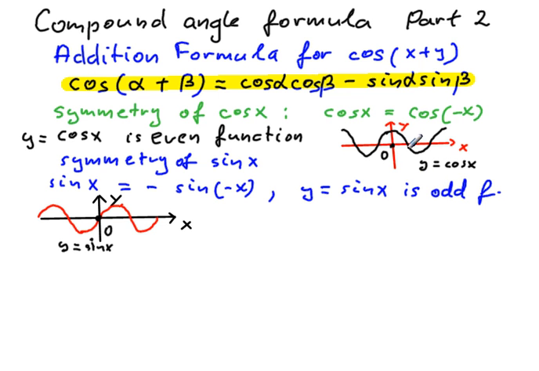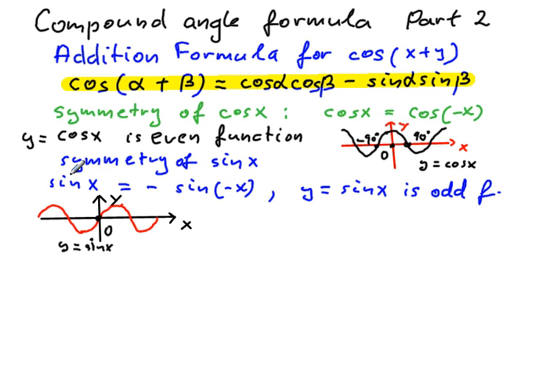For example, at 90 degrees the value of cosine is 0, and at negative 90 you also get the same value. 60 degrees will give you 0.5, negative 60 will give you 0.5, and so on. When that property is fulfilled, when cos x is equal to cos negative x, we say that the function cosine x is even, or any function that is symmetrical about the y-axis is an even function.